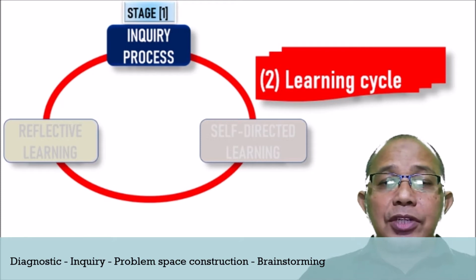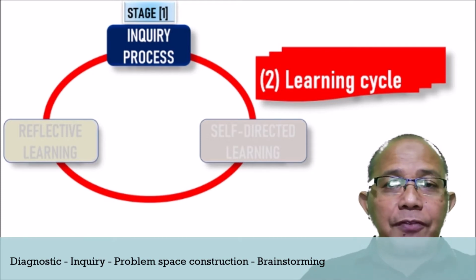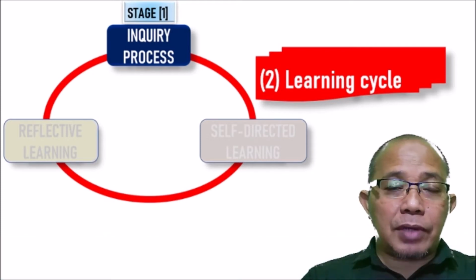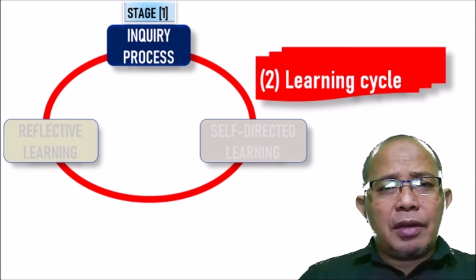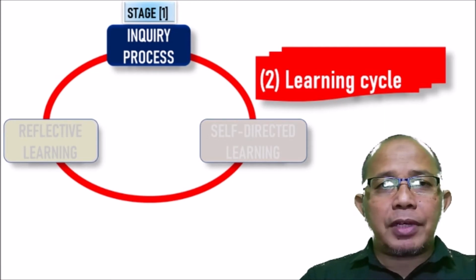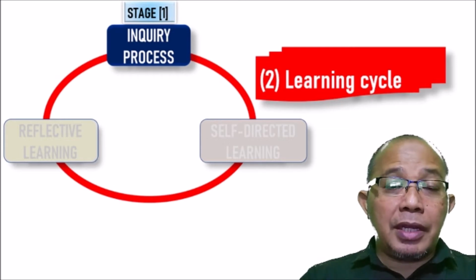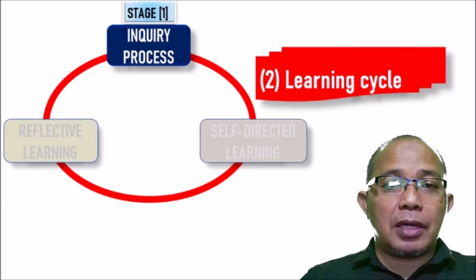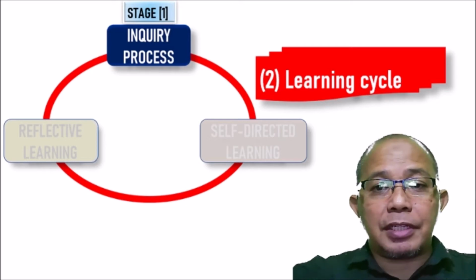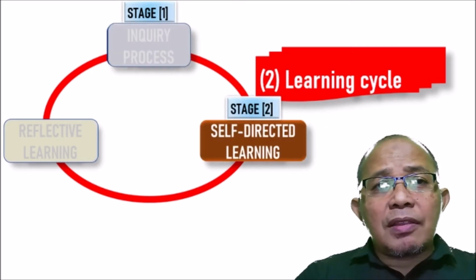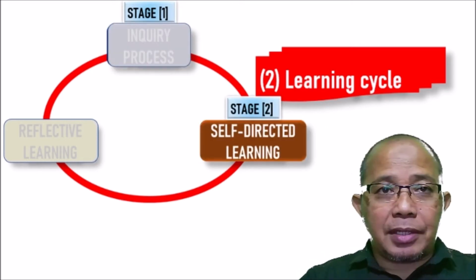This stage consists of a variety of collaborative learning activities, including the introduction of a problem scenario, brainstorming and knowledge scaffolding, facts identification, ideas generation, learning issues classification, as well as planning design for further learning. The second stage is self-directed learning.